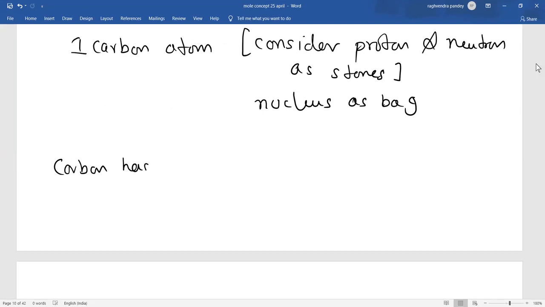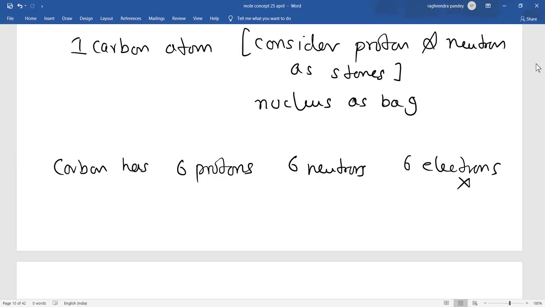has 6 protons, 6 neutrons, and 6 electrons. So for the mass, electrons are not considered here.